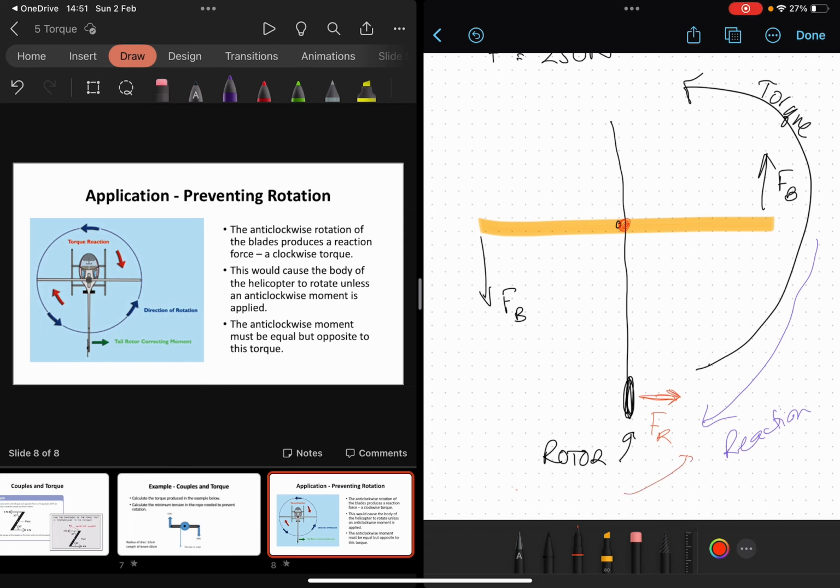And it's providing a moment in the anti-clockwise direction. And it is counteracting the clockwise torque from that reaction to the blade spinning. And it's very similar to the example that I showed you before, but more of a real life example again of how torque and moments link together.